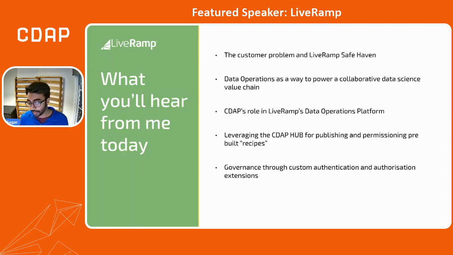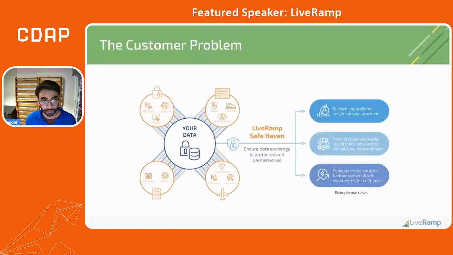That brings us to the core customer problem within LiveRamp Safe Haven. I like to put up this diagram, which tries to bring that together. From one of our clients' perspective, from an enterprise perspective, you have data sitting in all kinds of silos.